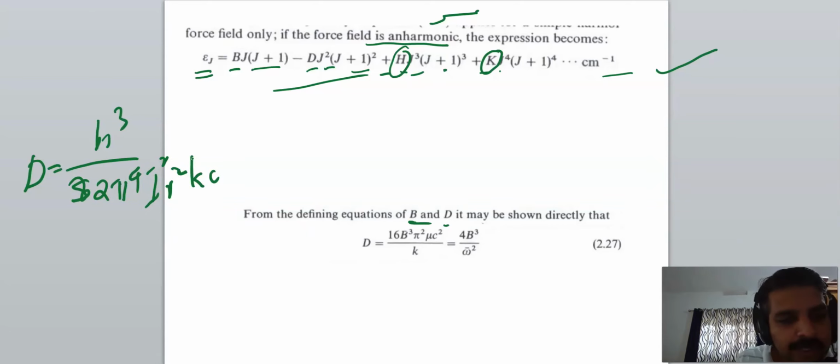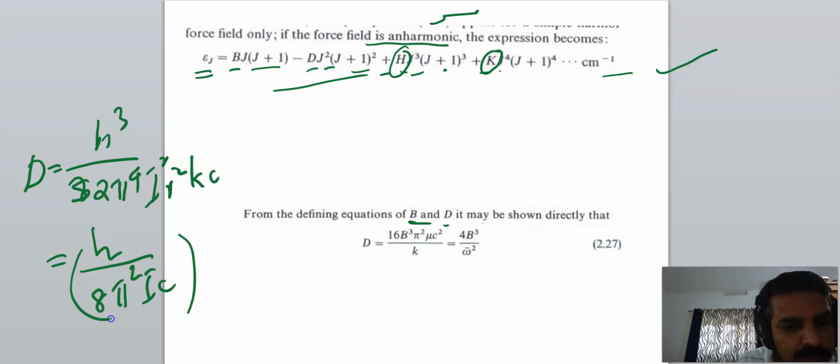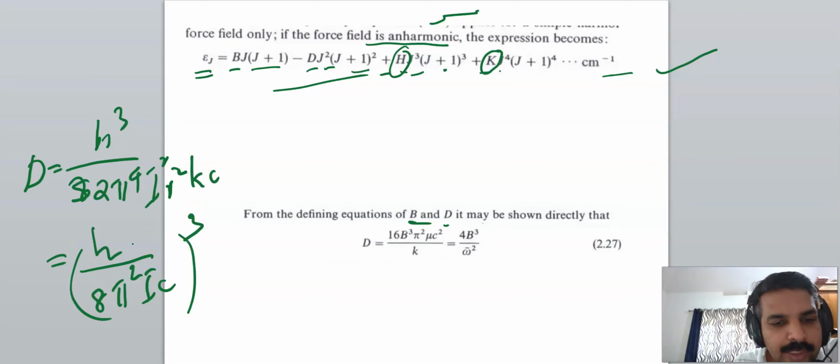This we can write as h divided by 8 pi squared Ic, the whole cubed. To make it 8 cubed we have to multiply by 16. And pi raised to 4, we want pi squared raised to 3, pi raised to 6, therefore we have to multiply by pi square. And we want I cubed here, because only I square is here.